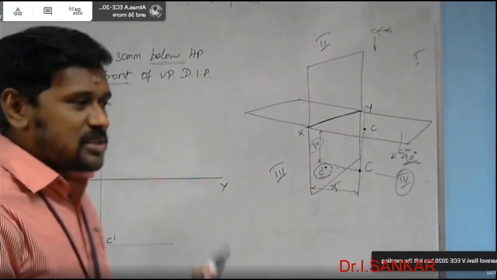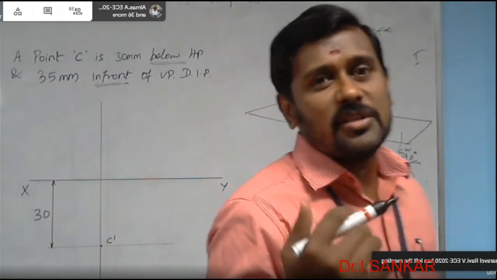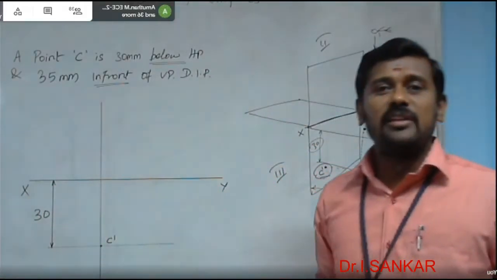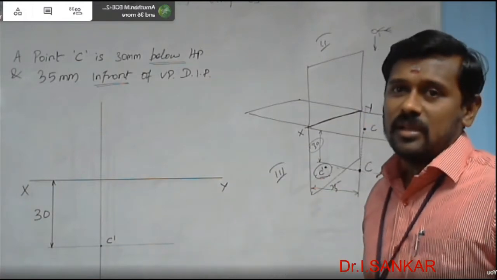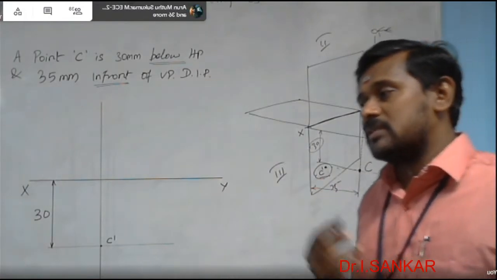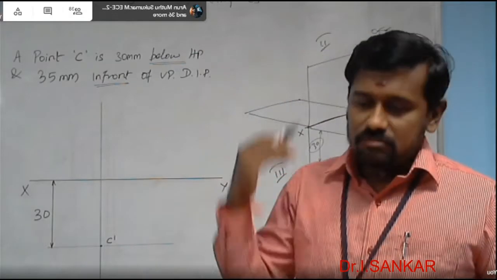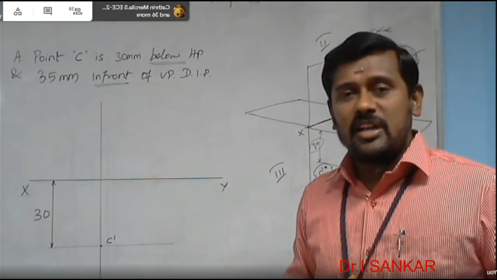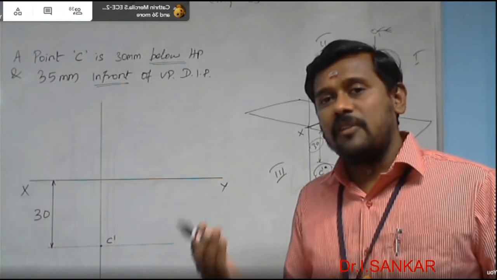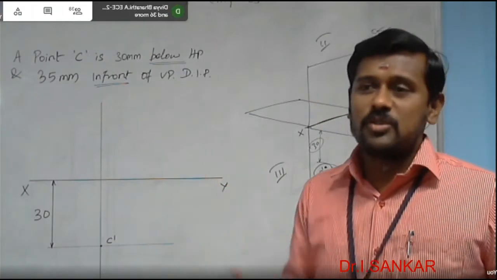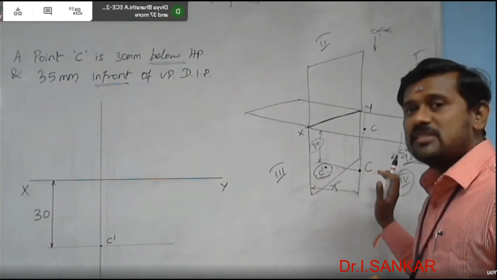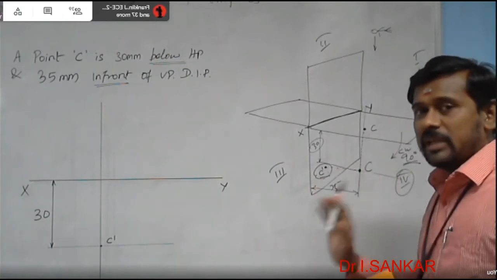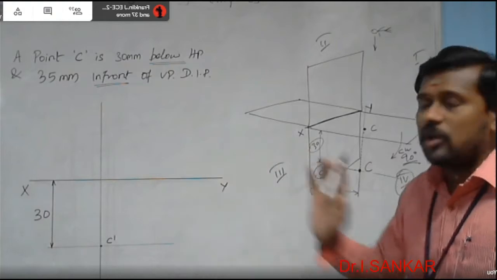But in the previous two problems, the front view was always located above the XY line. That's because of the actual location of the point. In the previous two problems, the point is located above the horizontal plane, so by nature the front view obtained is above the XY line. Now the point is located below the horizontal plane. It is in the fourth quadrant. So automatically the front view will be obtained below XY only.